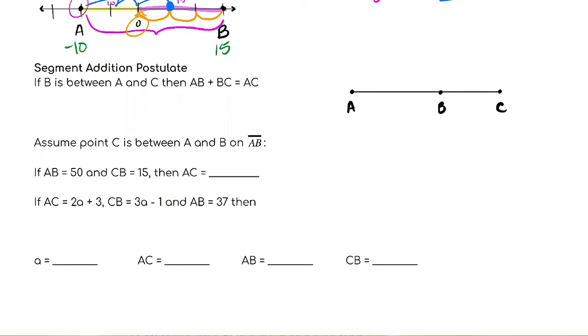Segment addition postulate. We are going to be using this when we do proofs later on in the course, and it is a very, very important rule that you will need to know. The segment addition postulate states if B is between A and C on a line segment, then AB plus BC equals AC. So, very important.